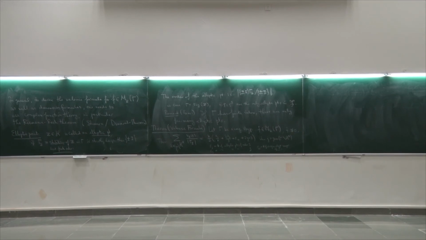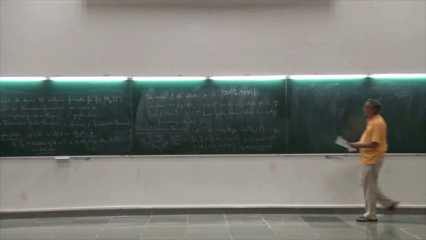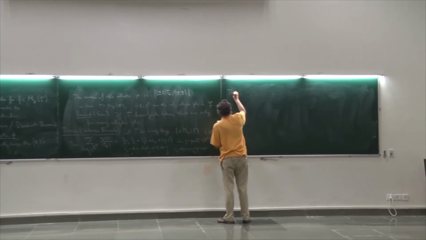Oh, yeah. The dimension of the vector space M_k of gamma is also similar.